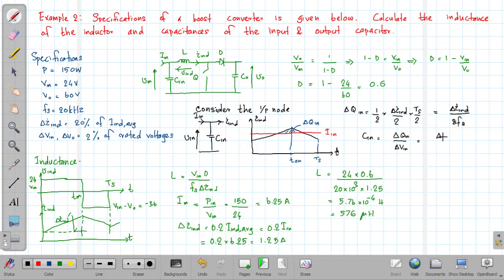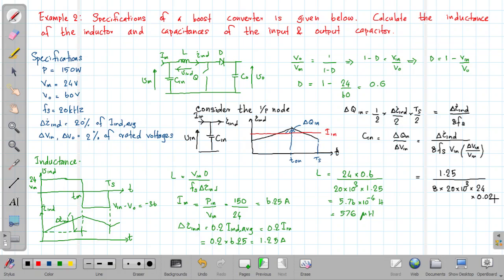So this gives delta I inductance divided by 8 Fs, which is the delta Q in. Delta V in we write as V in times delta V in over V in. Now we can do the calculations. The delta I inductance is 1.25, switching frequency is 20 kilohertz, V in is 24, and the ripple is 2%, which gives 0.02.